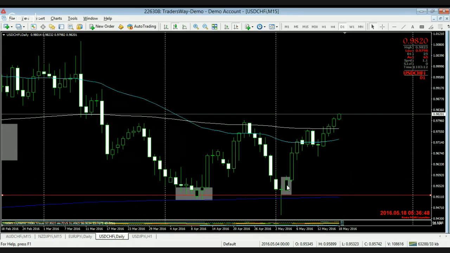It closed shaded black. For some of you guys, it has to close shaded green or shaded blue, whatever colors you guys have. If it closes red, then it's not valid. Do not take the trade. All right, so you guys have that in parentheses.